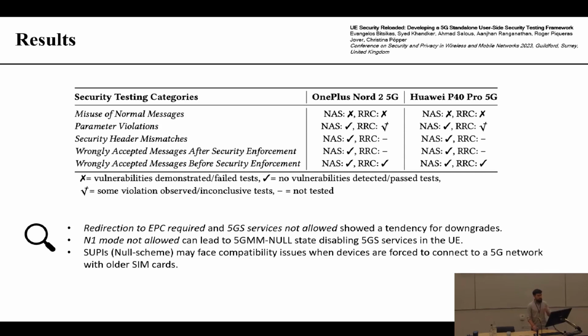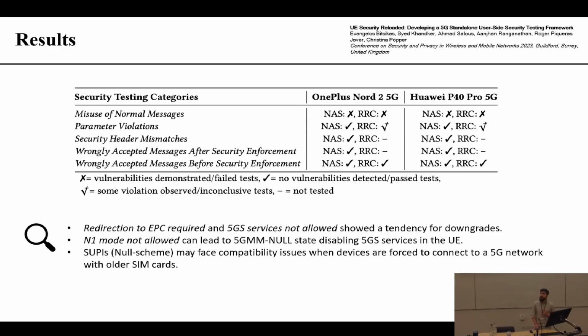And this is the redirection to EPC, required 5GS services not allowed. And they show a tendency for downgrades. The N1 mode not allowed can lead to the null state, disabling 5GS services in the UE. I would like to mention that messages that send the N1 mode not allowed in the 3GPP access are not required to be integrity protected, and this is a huge problem.